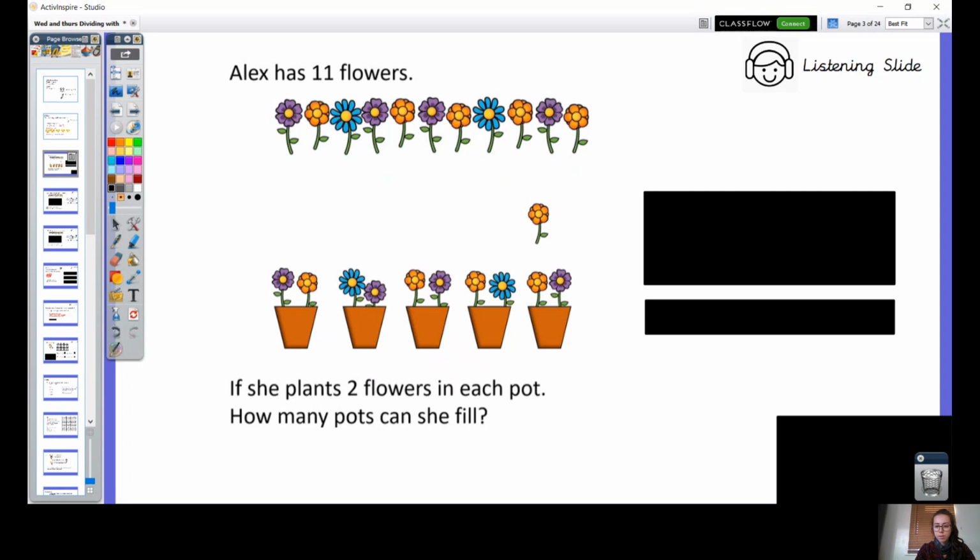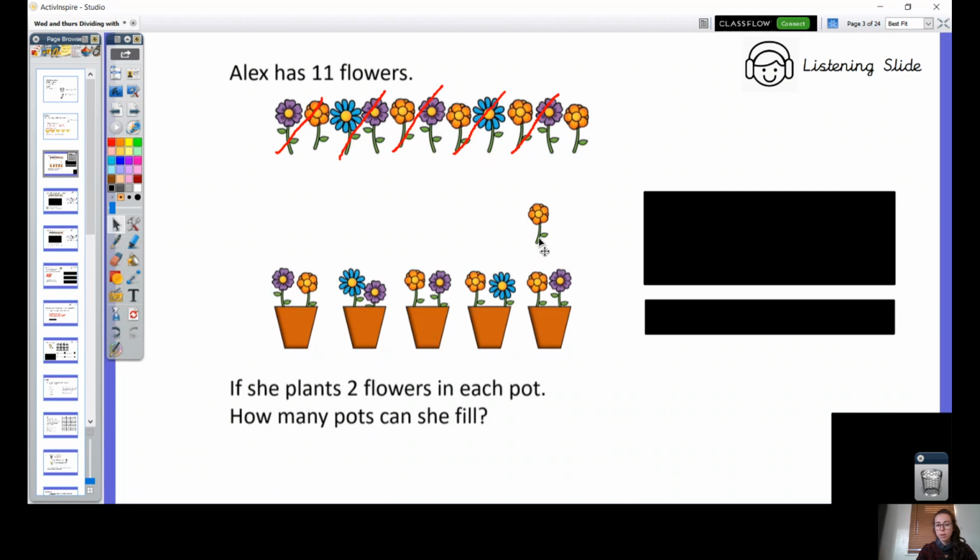So I've grouped these flowers into 2s, because we know that every pot had 2 flowers in. So I've made 1 pot. I could actually cross these out, couldn't I, to show you? I've made 1 pot of flowers, 2 pots of flowers, 3 pots of flowers, 4 pots of flowers, 5 pots of flowers.